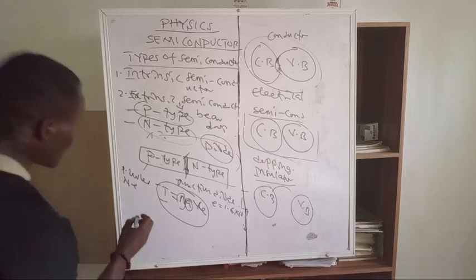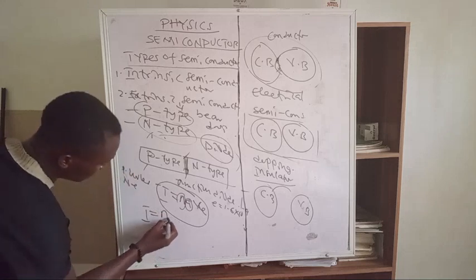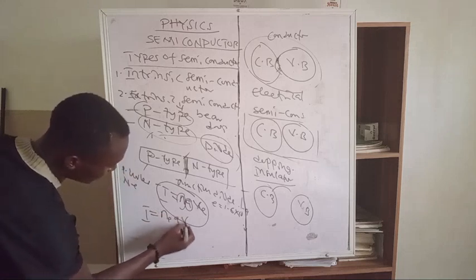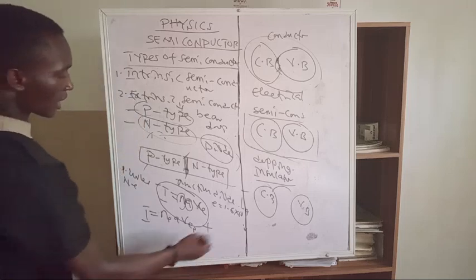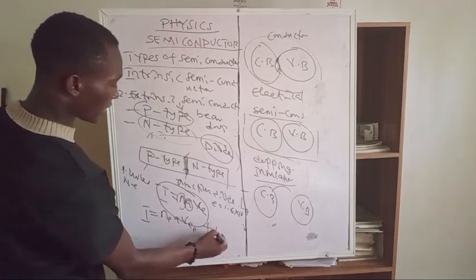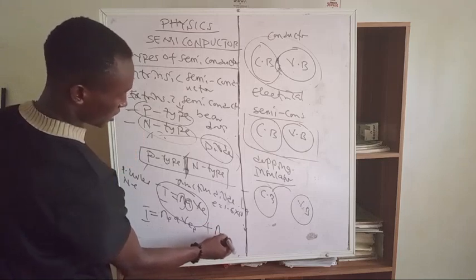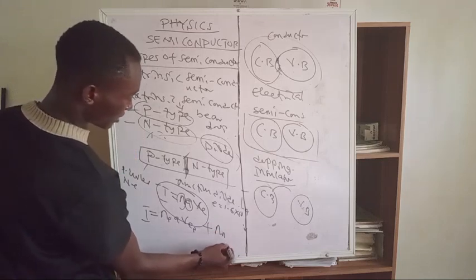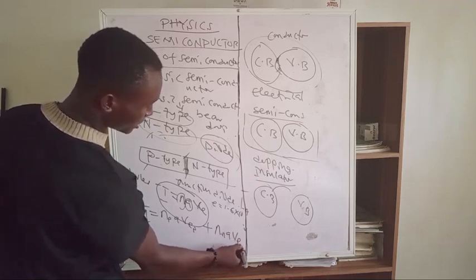The total current in a semiconductor, for both my p type and n type, is given as I equal to N, A, V, e of the p type, plus, I add the current together, N, the number of electrons of the n type, A, V, and e of the n type.